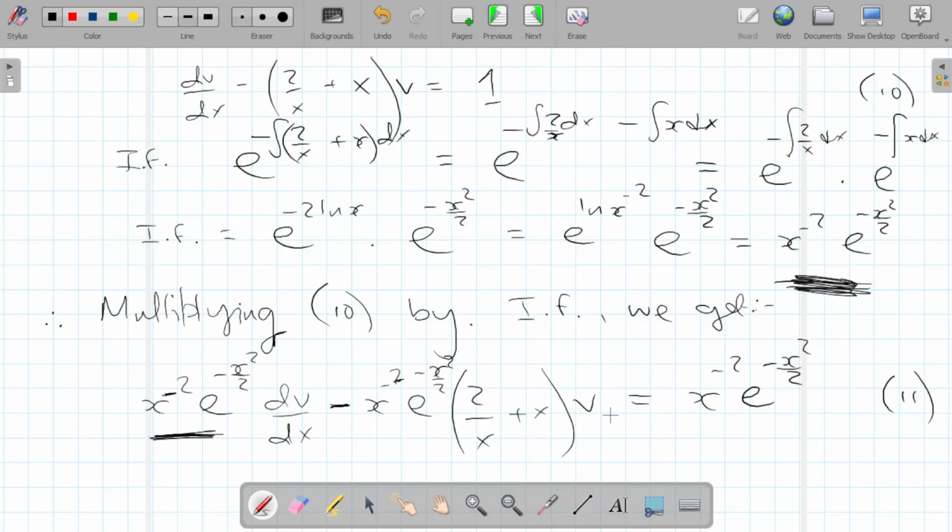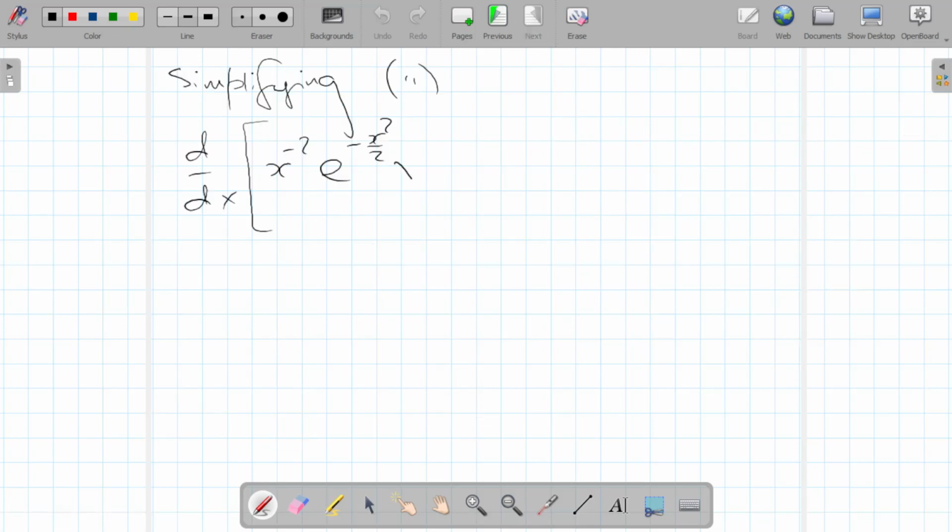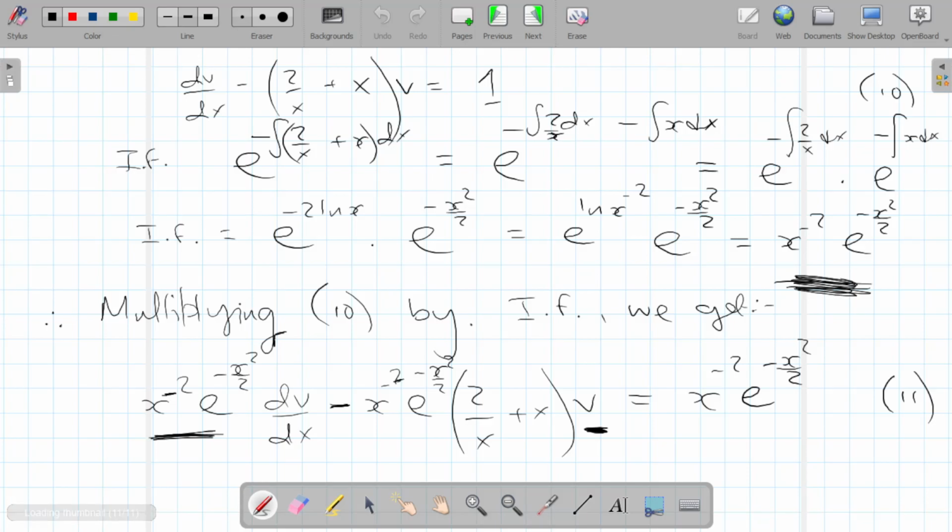And all we have to worry about is v, and that's what we're writing down. So if we write v down there, we can now put that equal to x to the minus 2 times e to the minus x squared over 2.